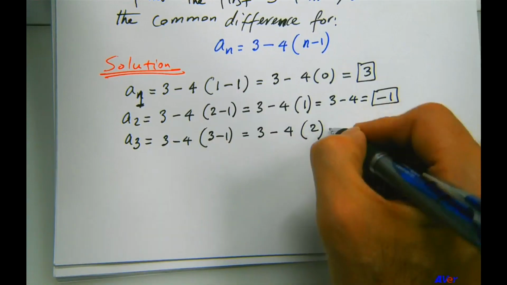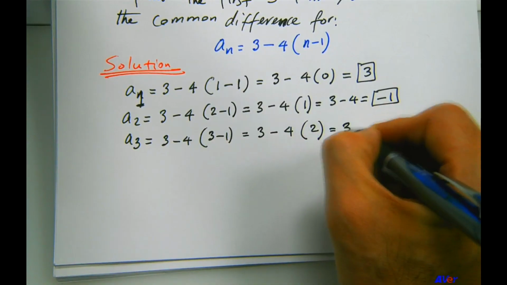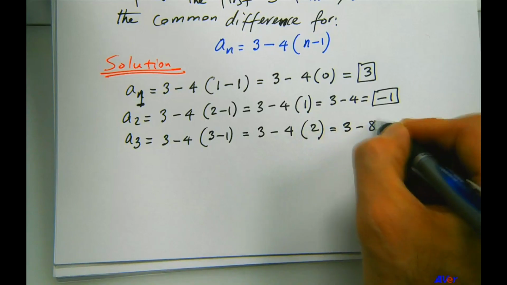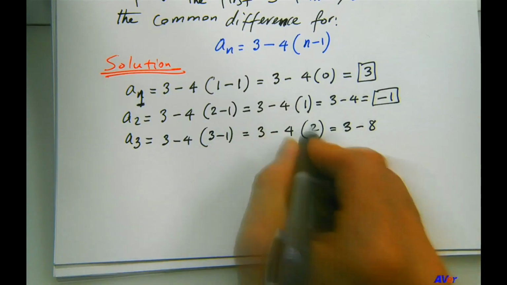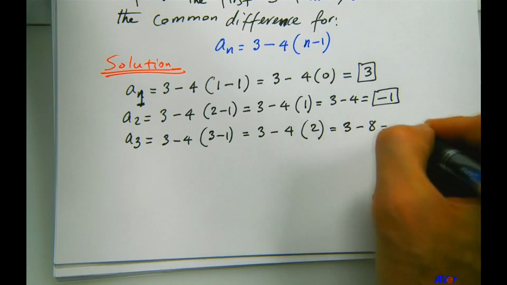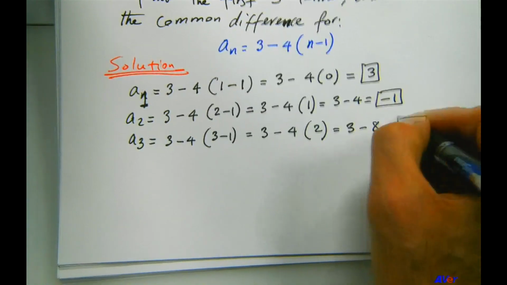And then 3 minus 8. That's the order of operations. Remember order of operations? First we have to multiply, and that is equal to minus 5.